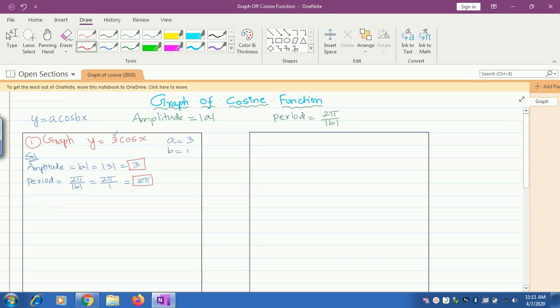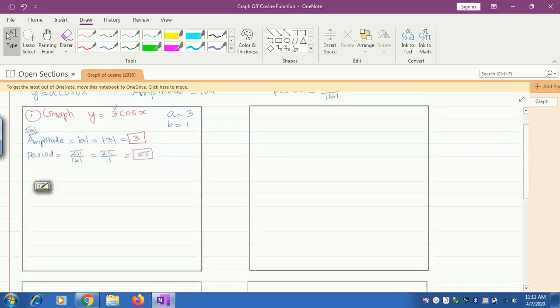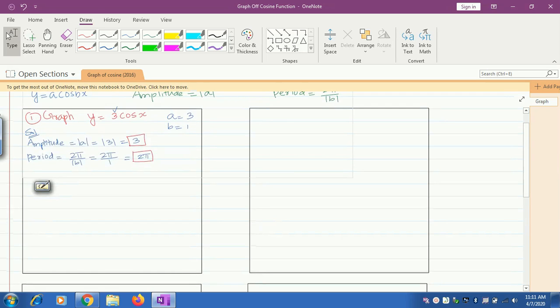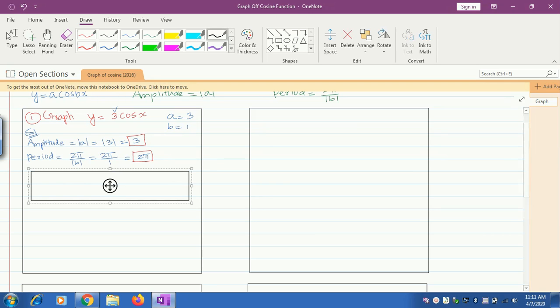What we followed in the sine function: first we make a graph, after that we make a schedule, right? So here this is the schedule, and this is my x-axis and y-axis.